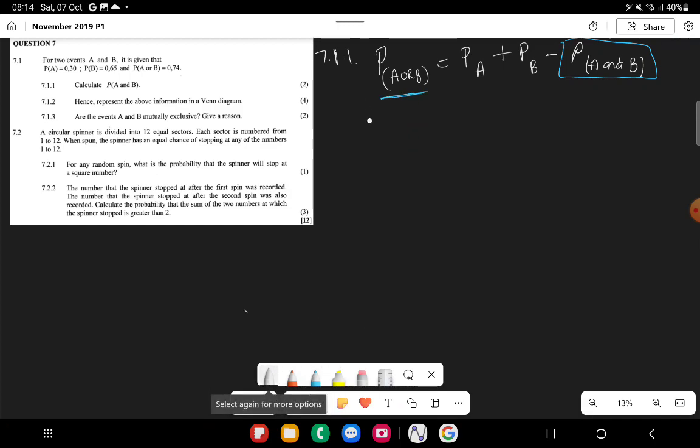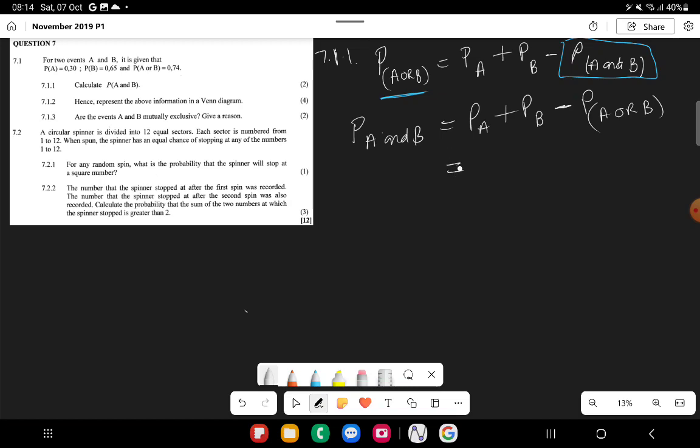So plus the probability of A and B is equal to the probability of A plus the probability of B, which stays the same, and then minus the probability of A or B. You can check me, but I believe that I'm correct.